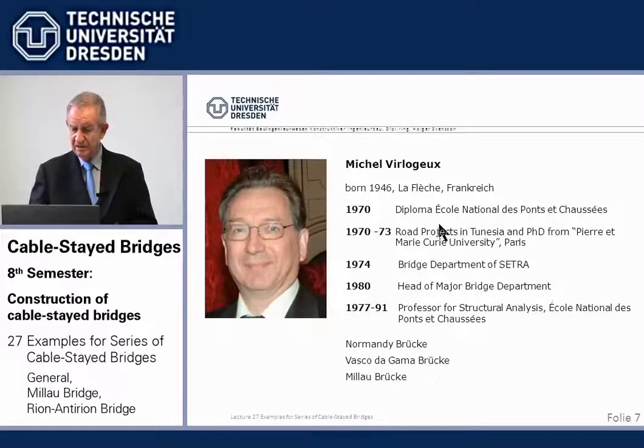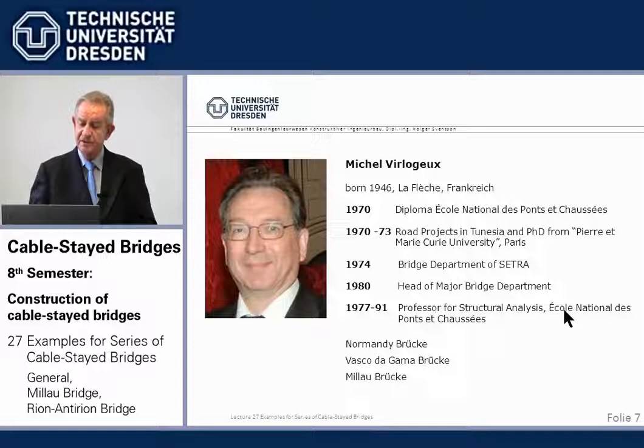He made his diploma at the École Nationale des Ponts et Chaussées, and later was a professor for structural analysis there. This is the top elite university, one of the grandes écoles in France.